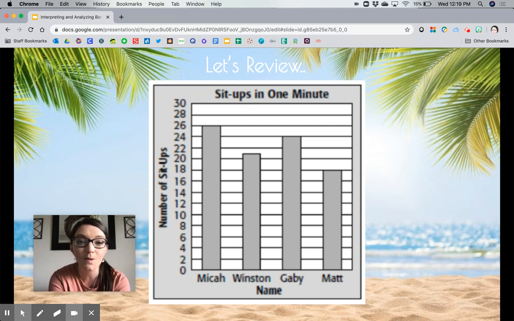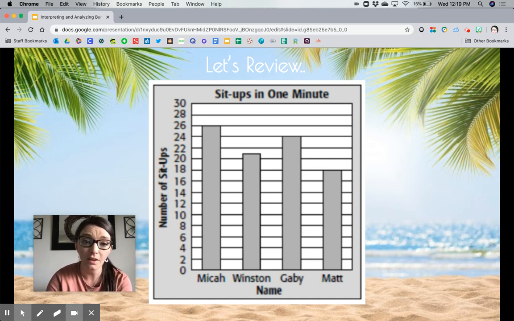A bar graph uses bars that are not connected to show data that was collected. Now in this graph that's on your screen, you will see a title, sit-ups in 1 minute, and that's telling me that this whole graph is about how many sit-ups different people did in 1 minute.